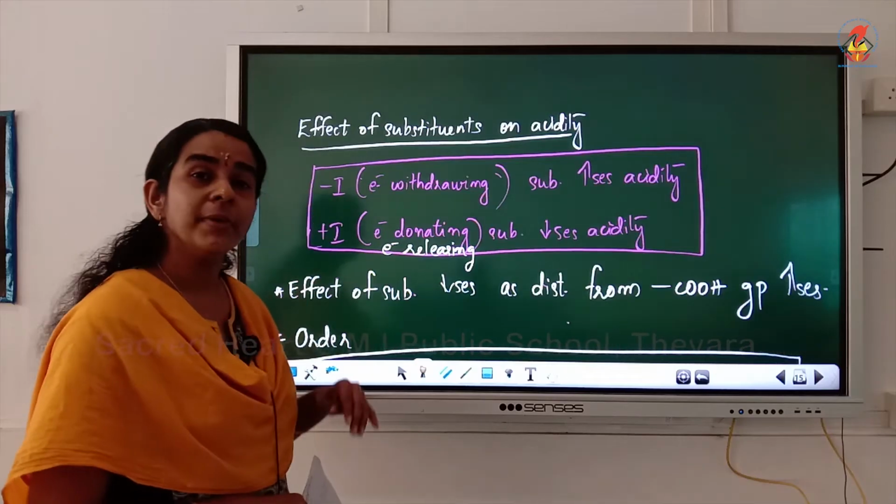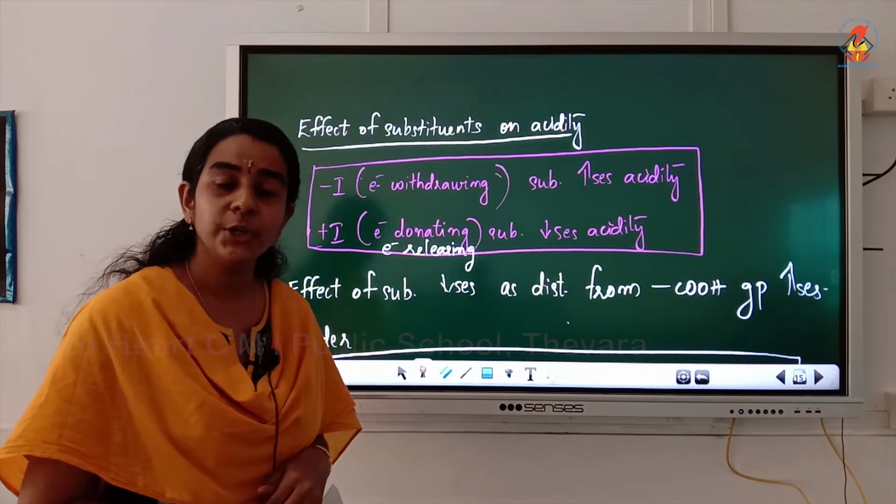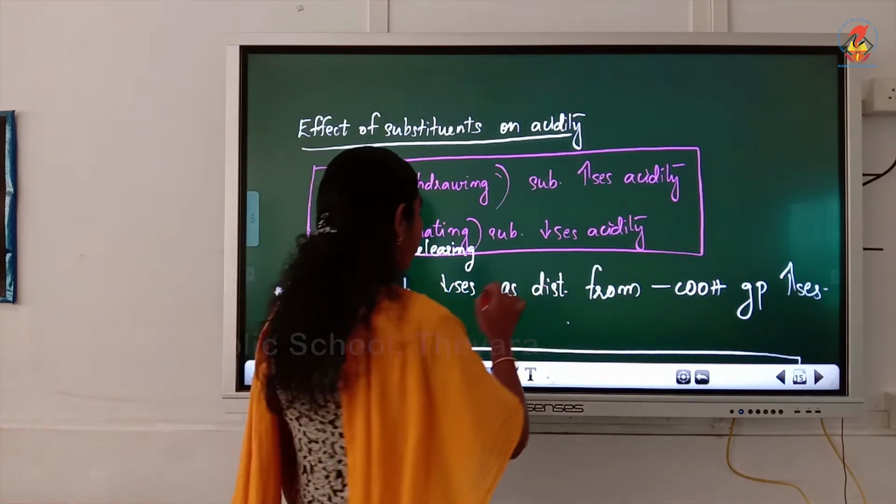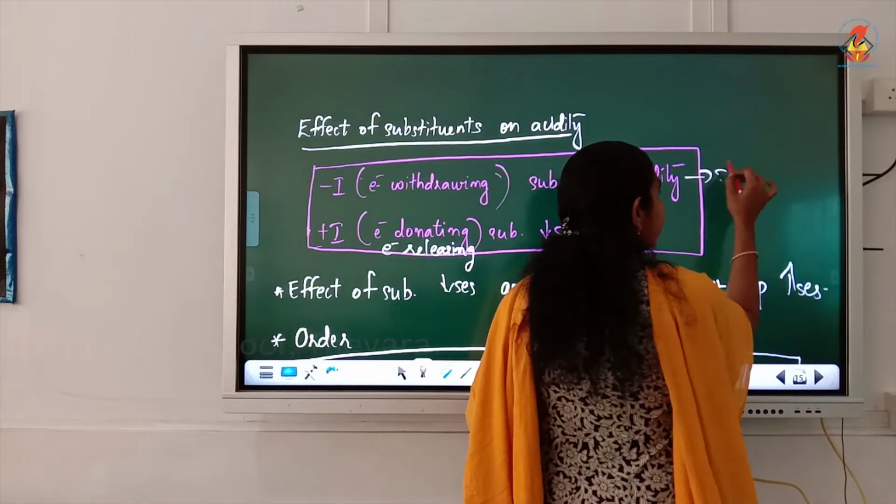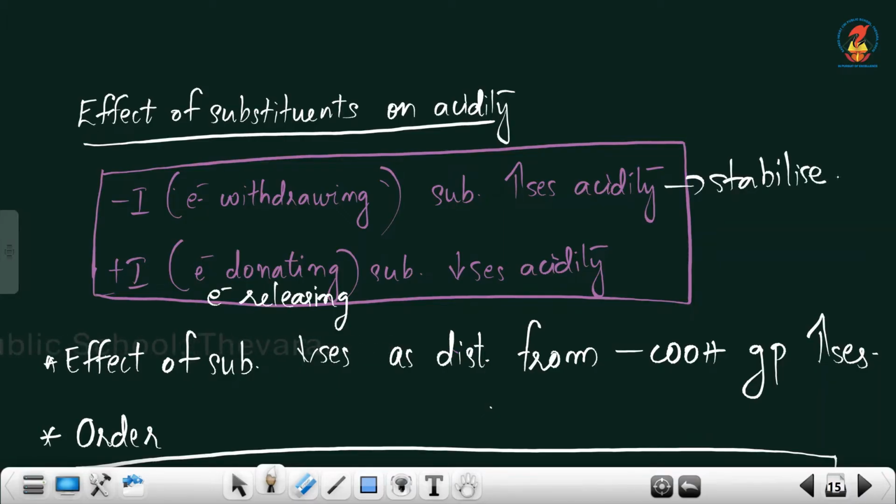Now, how does the minus I group increase acidity? Because they stabilize the carboxylate ion.